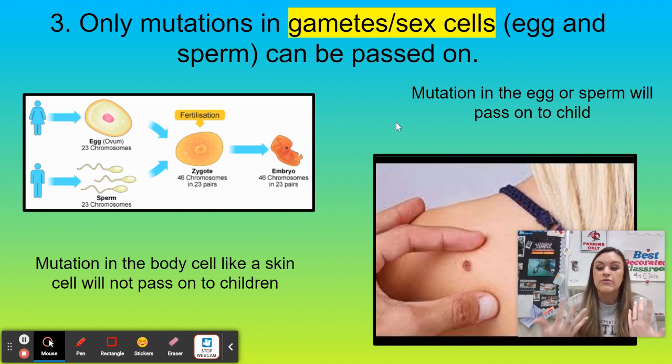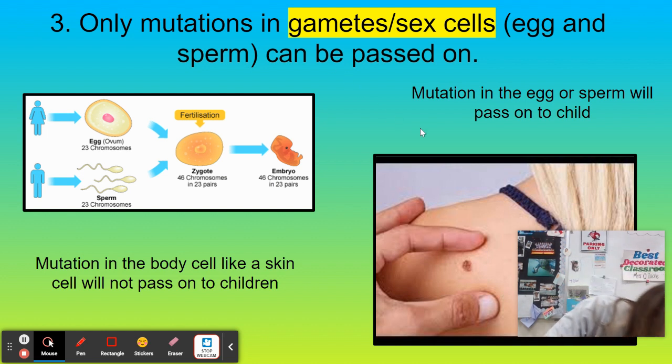So if, let's say, your mom or your dad has something like skin cancer, skin cancer is a mutation found in a body cell, and that body cell DNA is not going to be passed down to the offspring. So the only mutations that can be passed down to offspring are ones found in the sperm or in the egg cells.